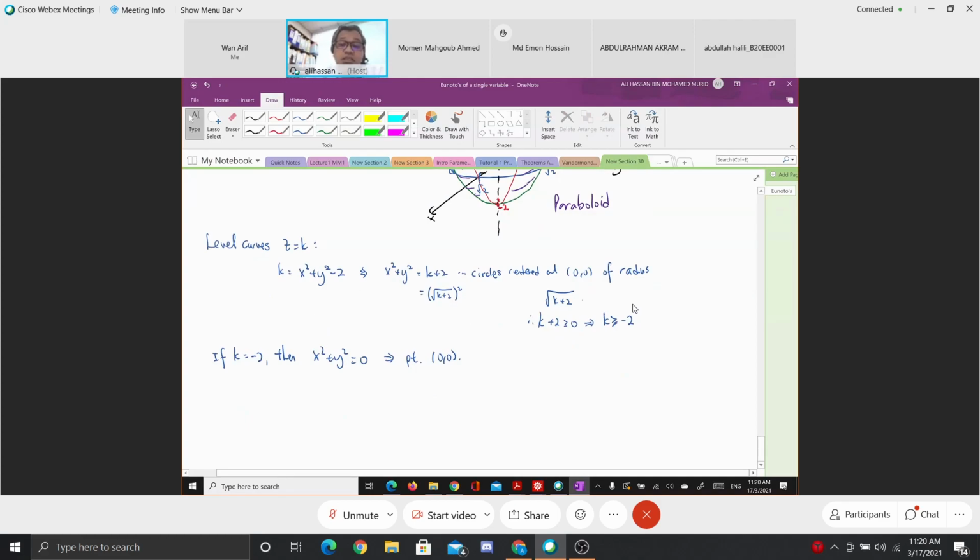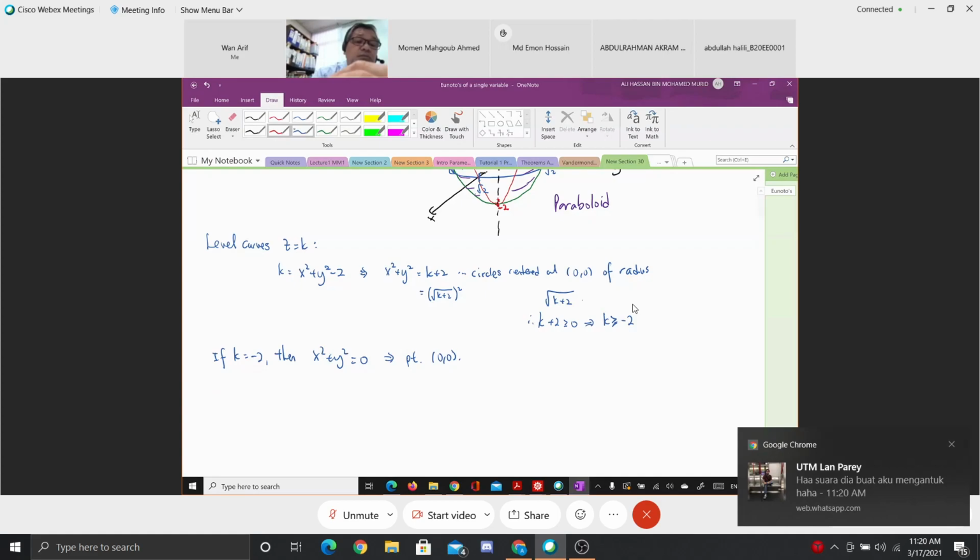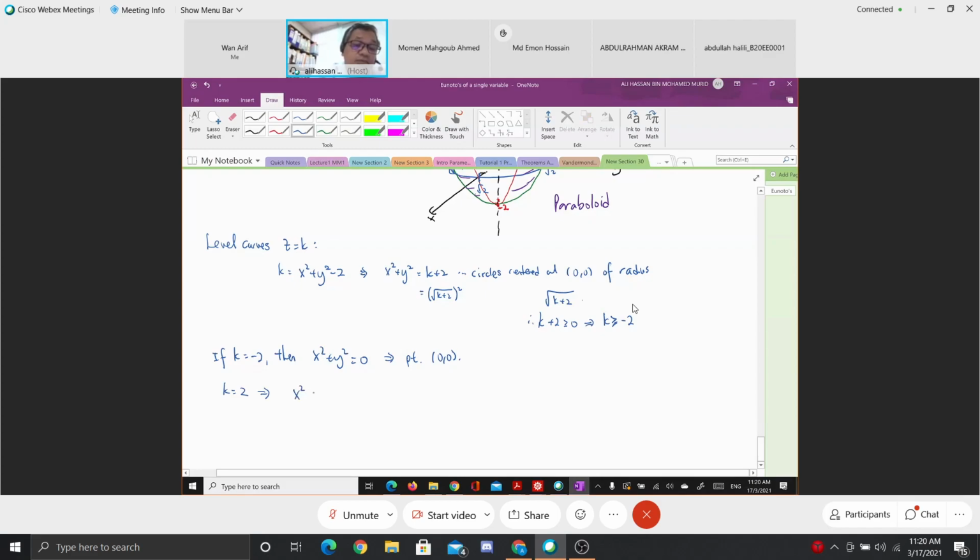If I choose k equal to 2, that implies x squared plus y squared equal to 4.